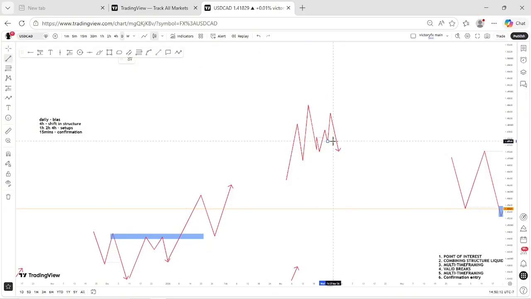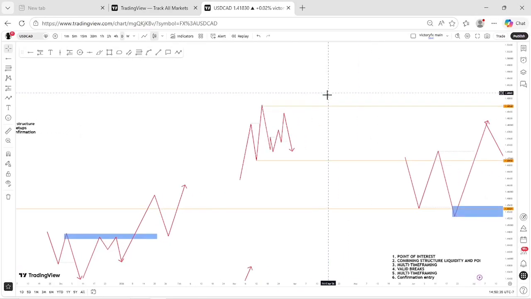But this setup is not valid. Why? Remember, we have a break of structure. We have a protected low and a weak high. Let me mark it out. After break of structure, we have a protected low, and then we have our weak high. Then we're looking for price to break this high to know the next move.